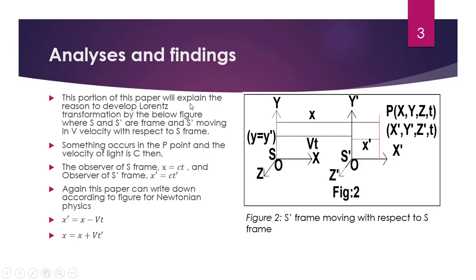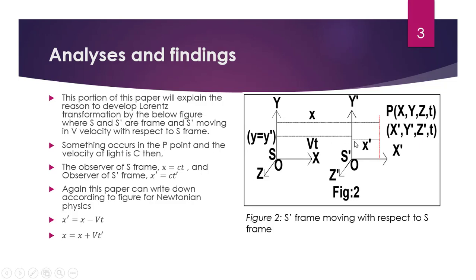This portion of the paper will explain the reason for developing the Lorentz transformation using the figure below, where S and S dash are two frames, and the S dash frame is moving with respect to the S frame. The S dash frame velocity is v.